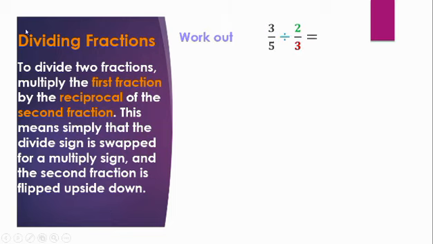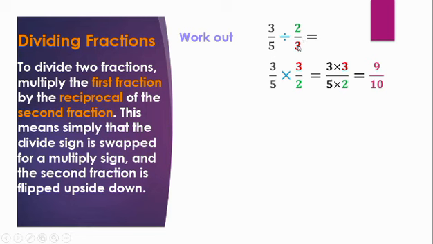Let's take an example. Work out 3 over 5 divided by 2 over 3. So the first fraction is without change, and we swap the division for a multiply sign, and flip the second fraction upside down.